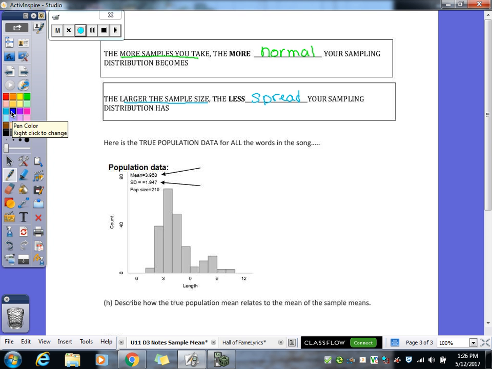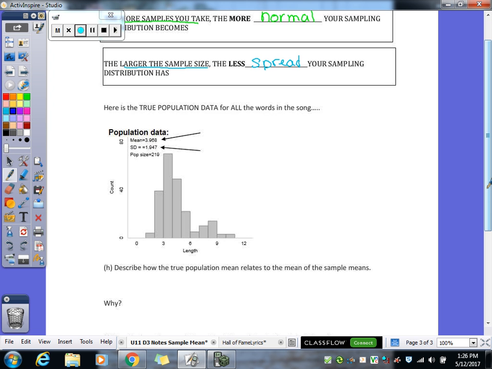So then down here what I have, this is the true population data. So this right here, a mean of 3.968. That's what we call our population mean. That's that new little funky letter mu.